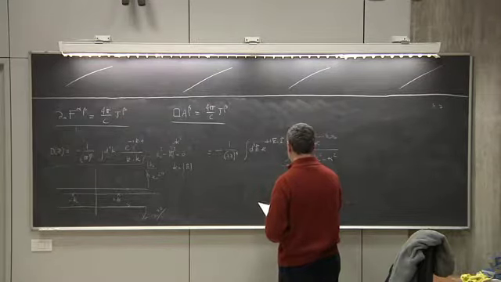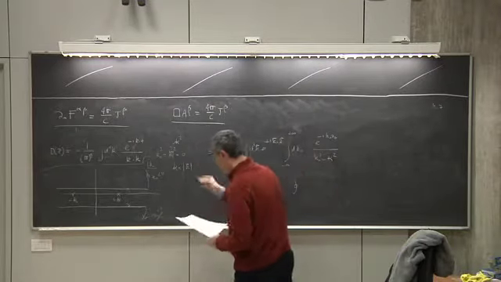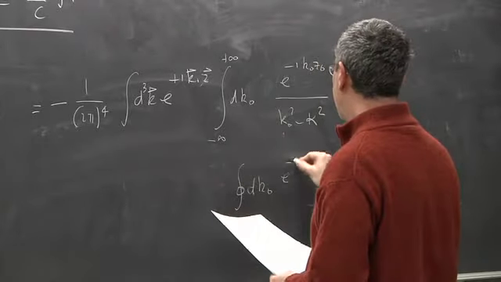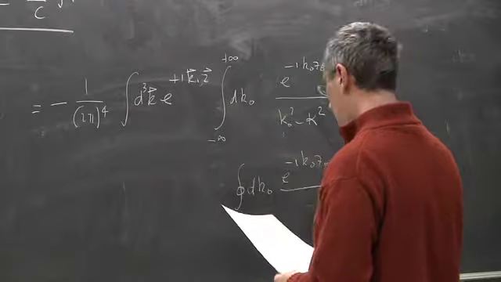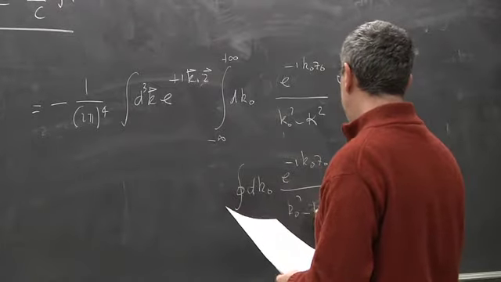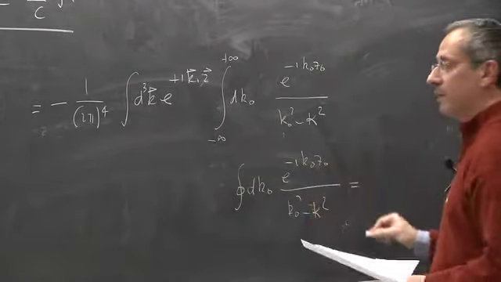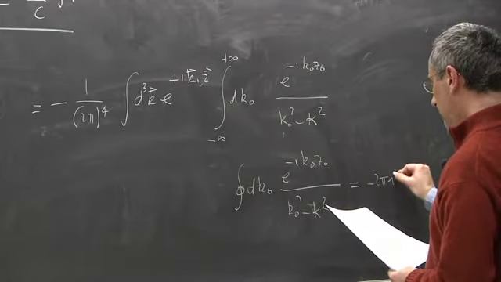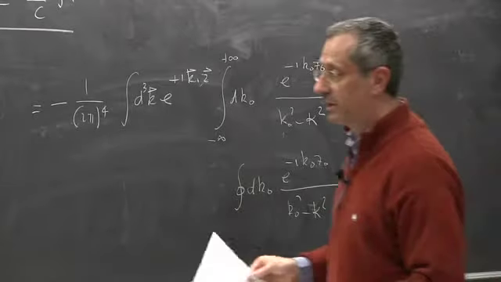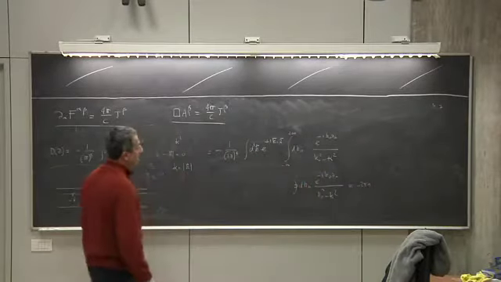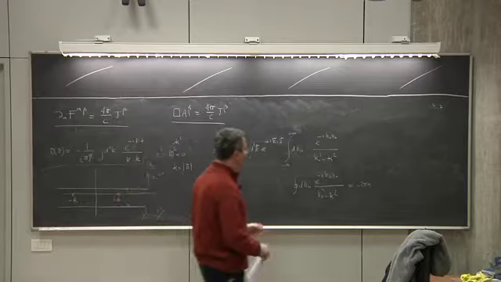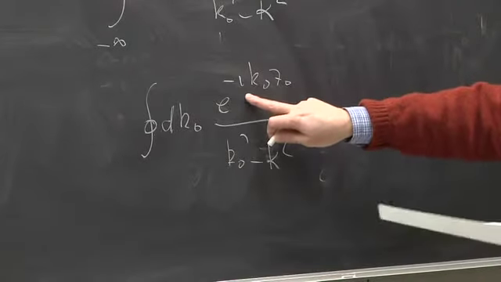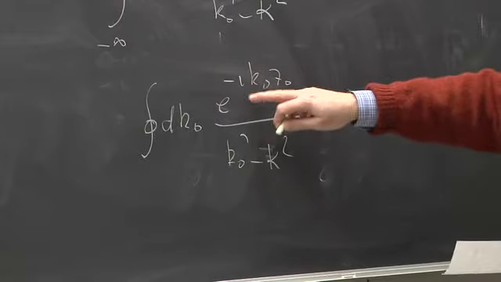I write it as an integral over that circuit over dk naught of e to the minus i k naught z naught, over k naught squared minus k squared. This is minus 2 pi i times the sum of the residues. You see that the residues in the two poles are one with e to the minus and the other with e to the plus.